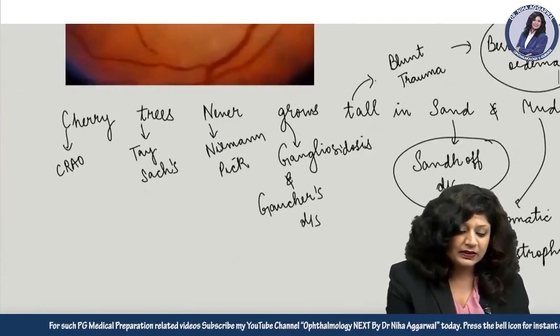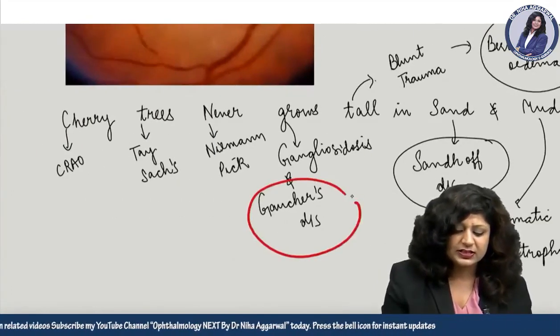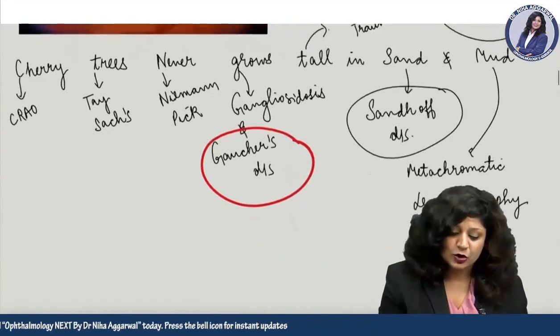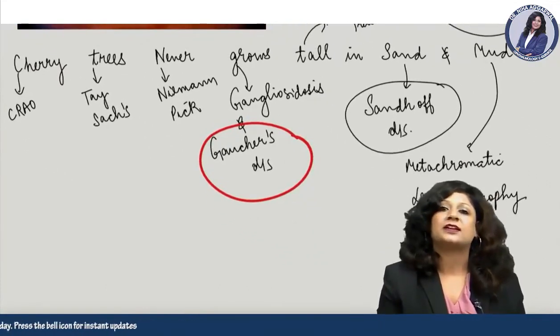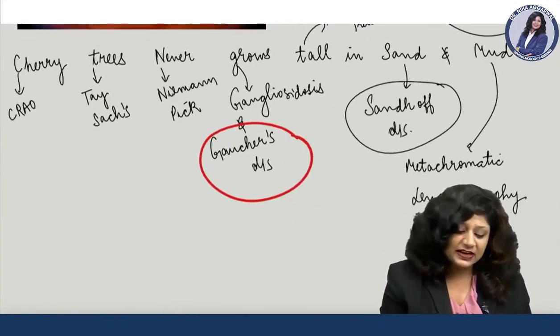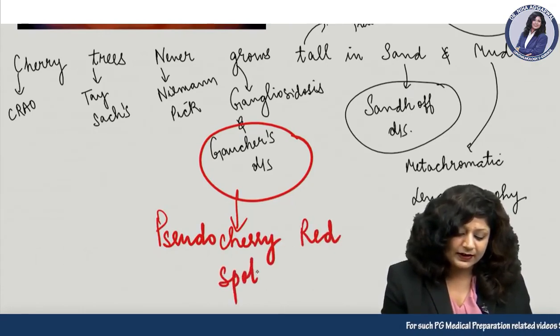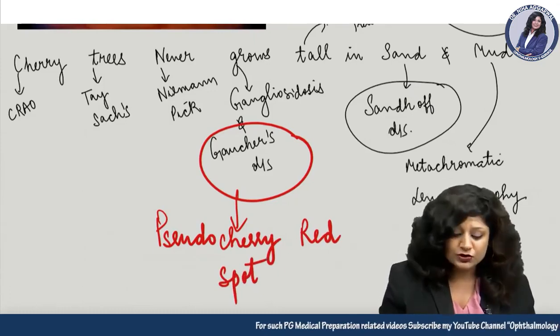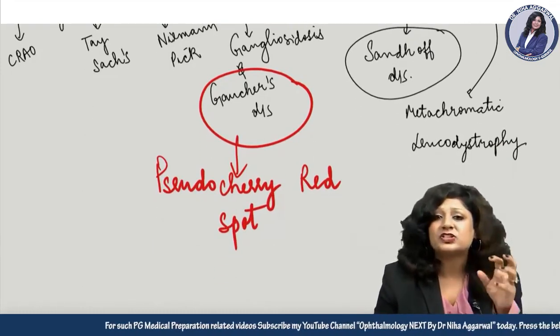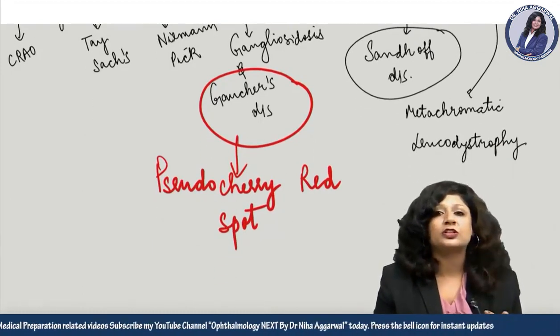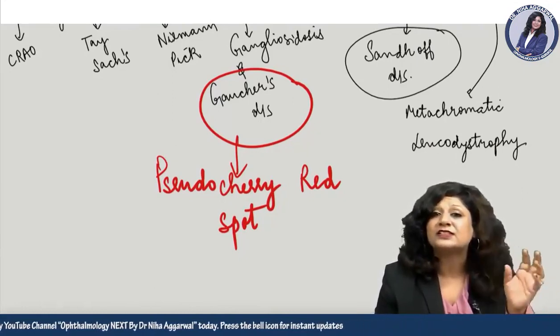Now, you must be thinking, what about Gaucher's disease? Because many books say that it shows, and many books also say that it is not found here. The reason is that here we get the pseudo cherry red spot. It means there is a reddish spot found in Gaucher's disease, but it is not for the same reason.